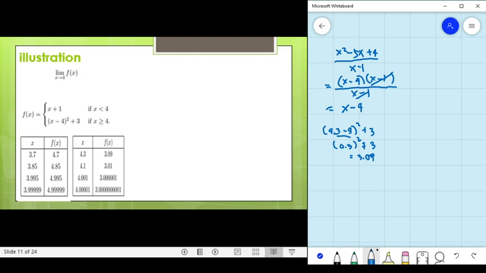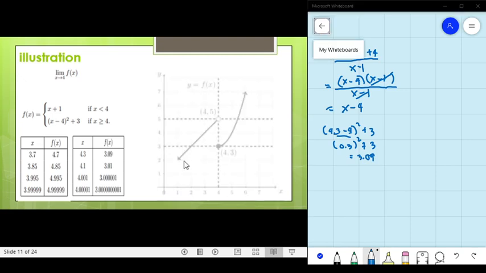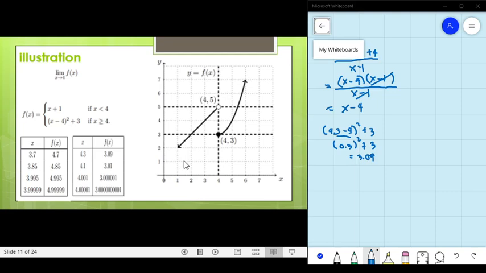Right? So that is what you see in the graph. The first one is linear. The second equation is parabolic, or the graph is a parabola.